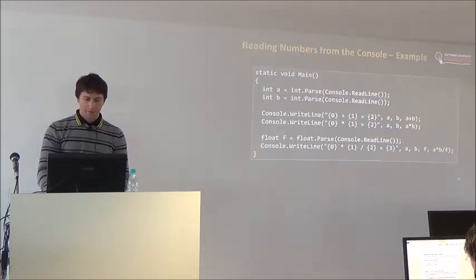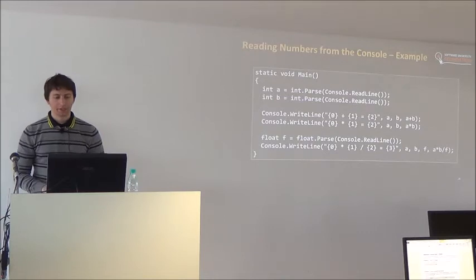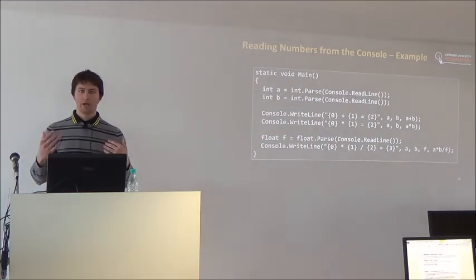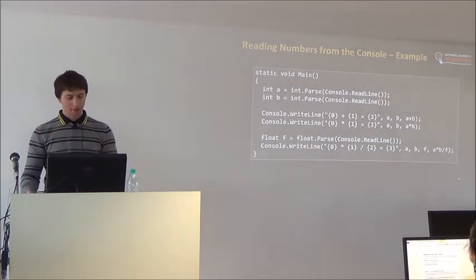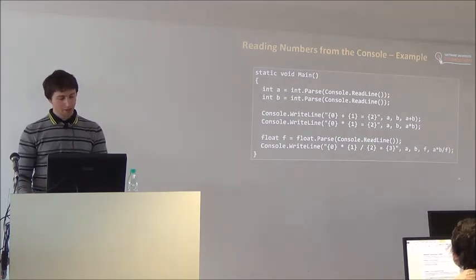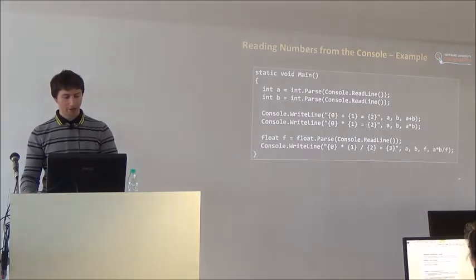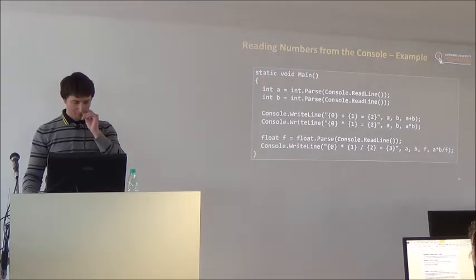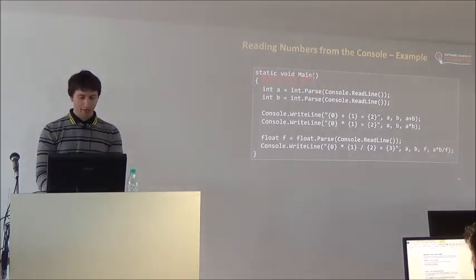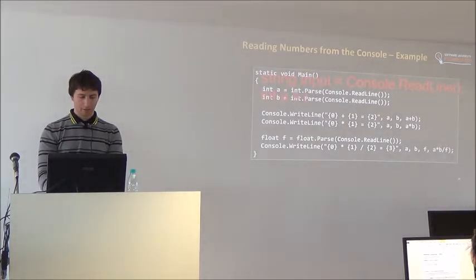This is a simple program that just converts whatever you input to an integer. So this is called chaining of methods. Chaining of methods means that you do not have a separate line above saying, for example, string input is equal to console.readLine, and then on the next line int a is equal to int.parse of input.